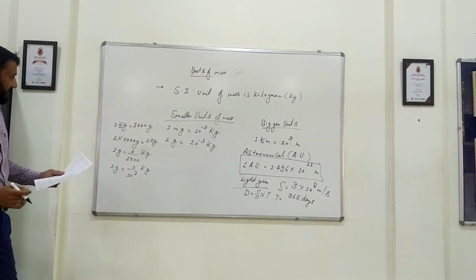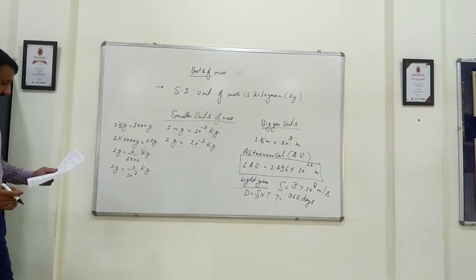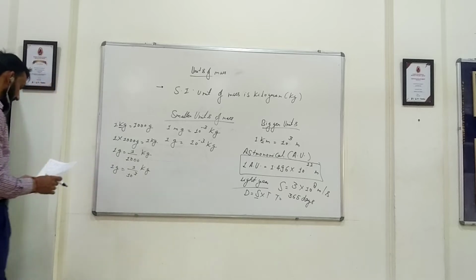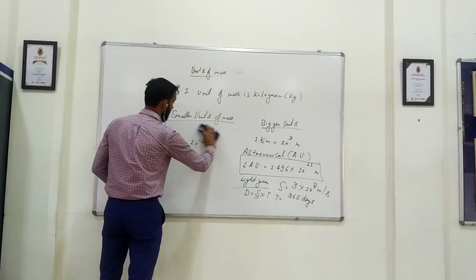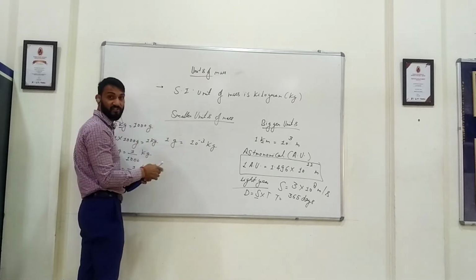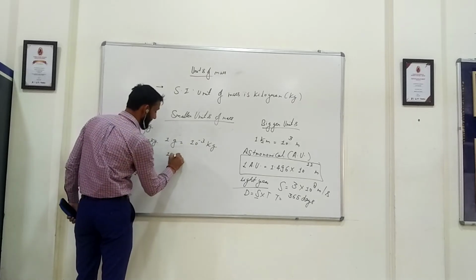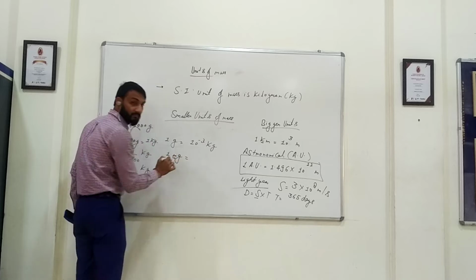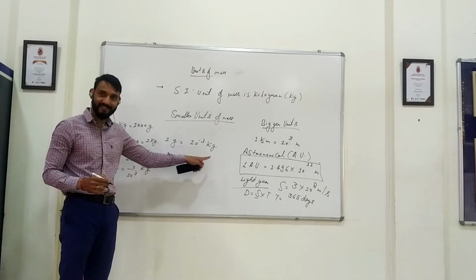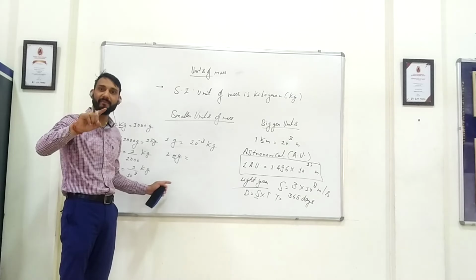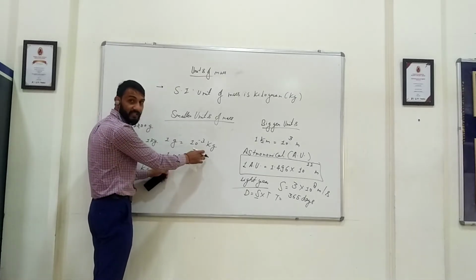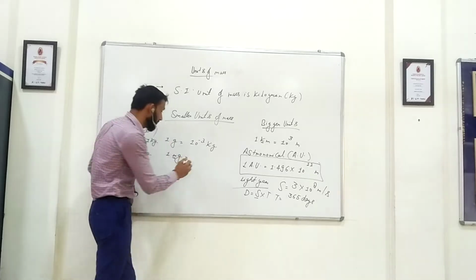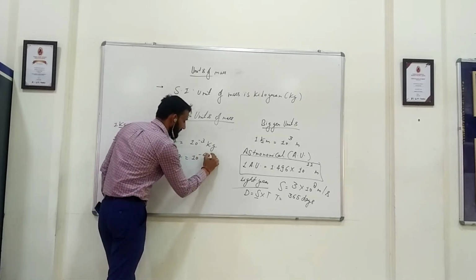Now 1 milligram. Sorry, I made a mistake there. 1 gram is this much kilogram, 10 to the power minus 3. Milli also means 10 to the power minus 3, so it will become 10 to the power minus 6 kilograms.